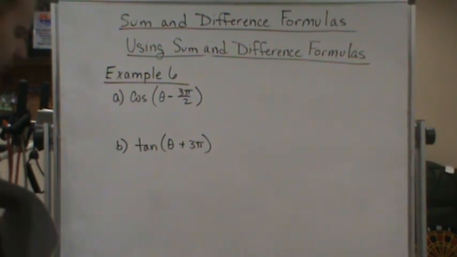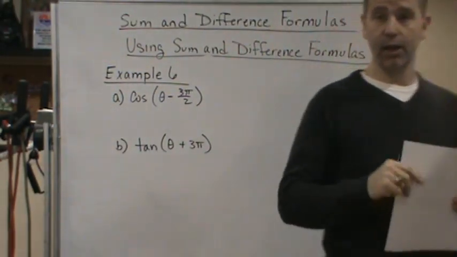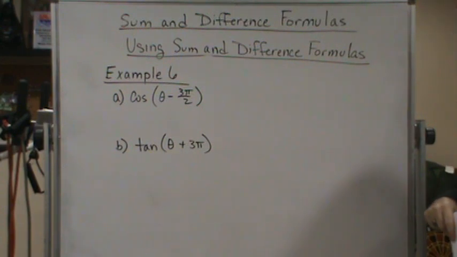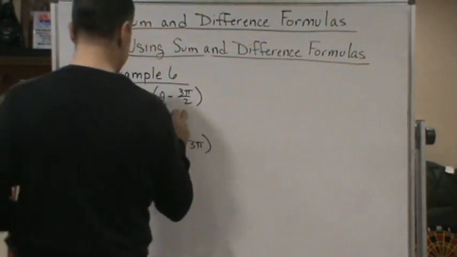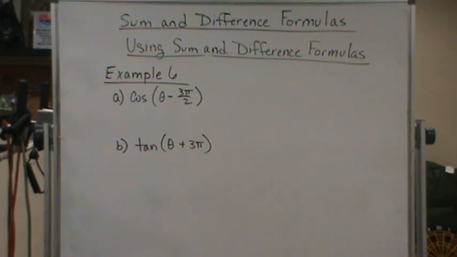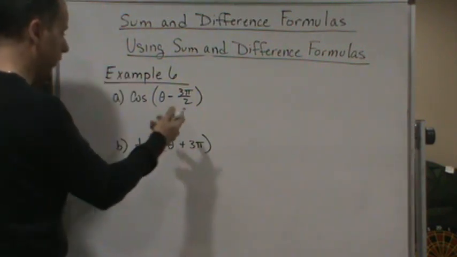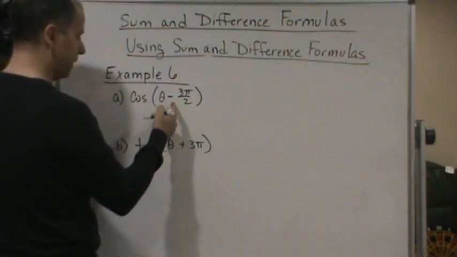All right, now we're going to use this example here to start deriving some of the reduction formulas. Okay, so let's look at A. So we've got cosine of theta minus 3 pi over 2. Let's use what we know. So it's cosine with the difference.